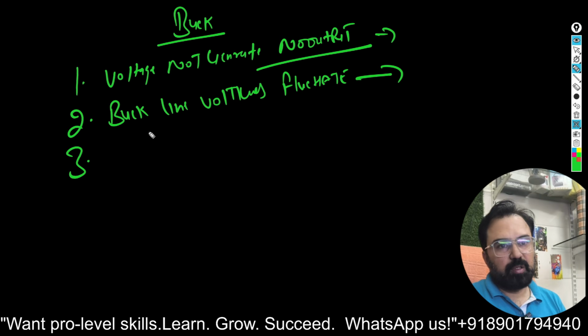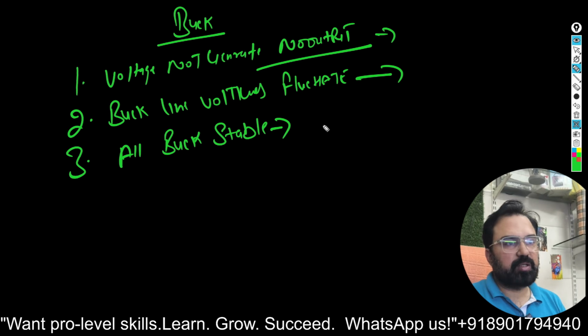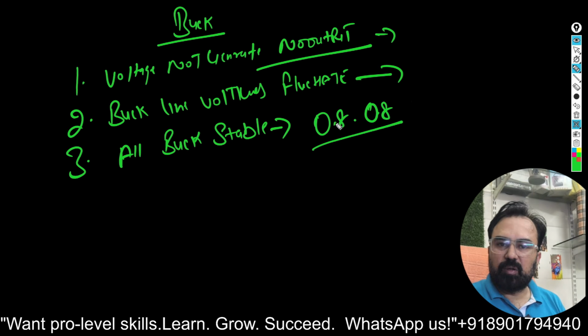Now all bucks stable means when you check all bucks are at like 0.8, 0.8 stable voltages, but the phone still does not turn on, right? The phone is still in a dead condition. Then how to diagnose?